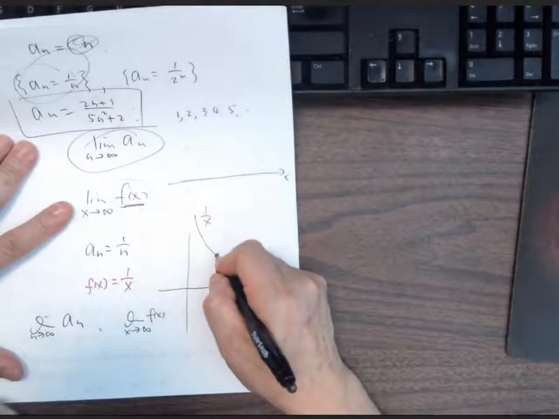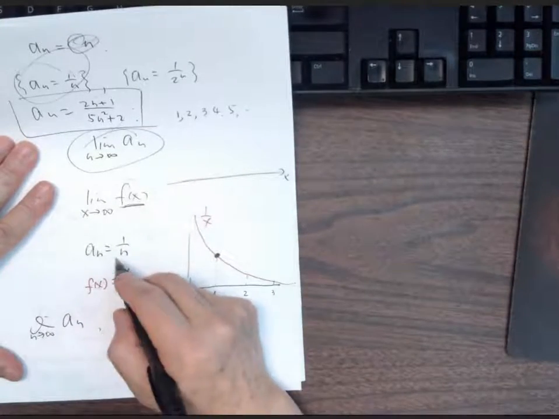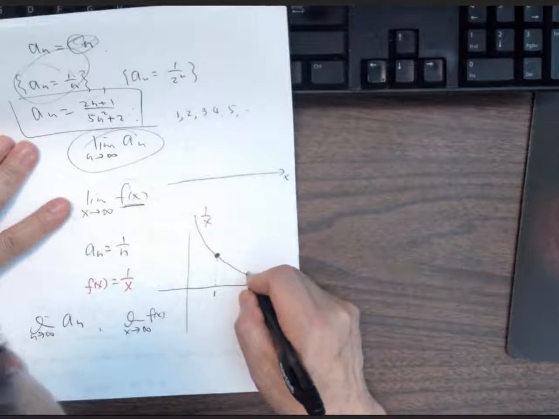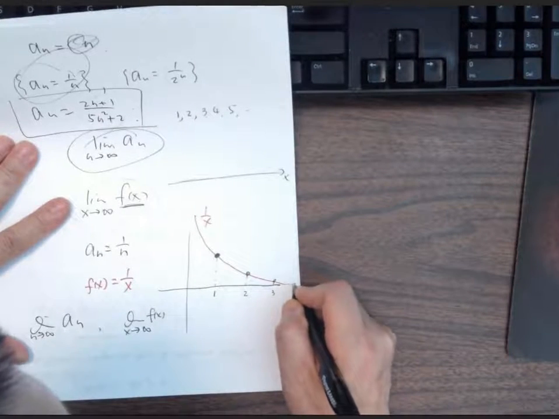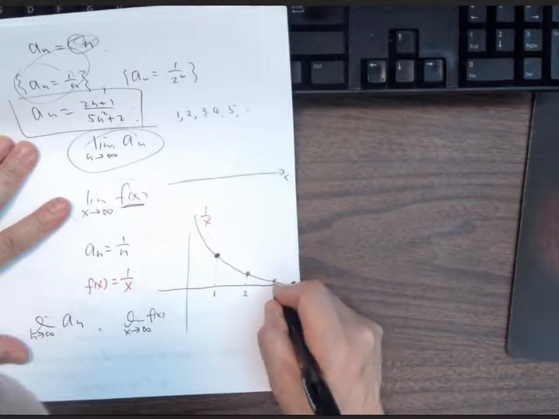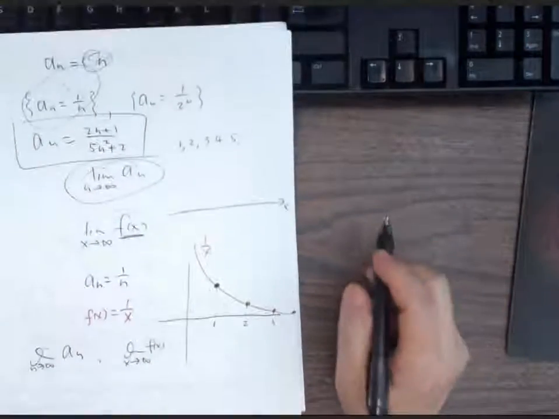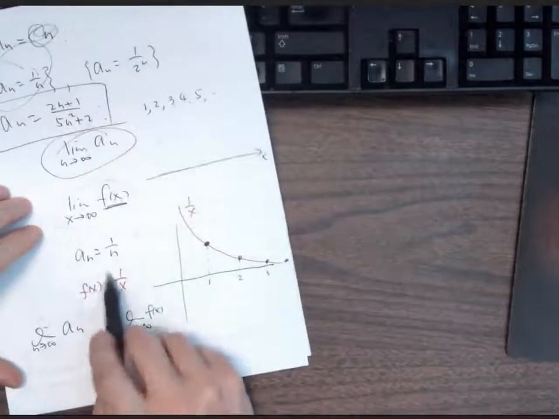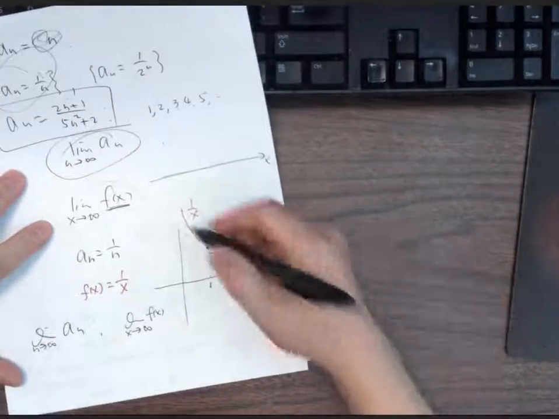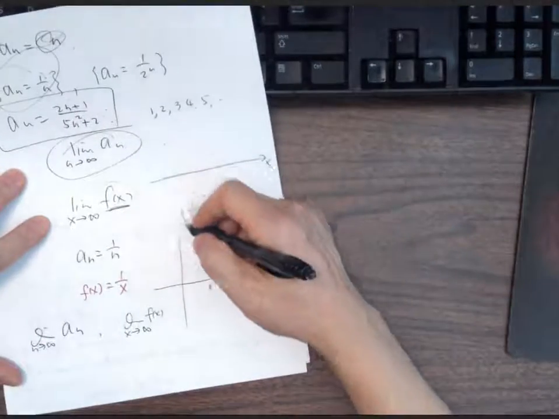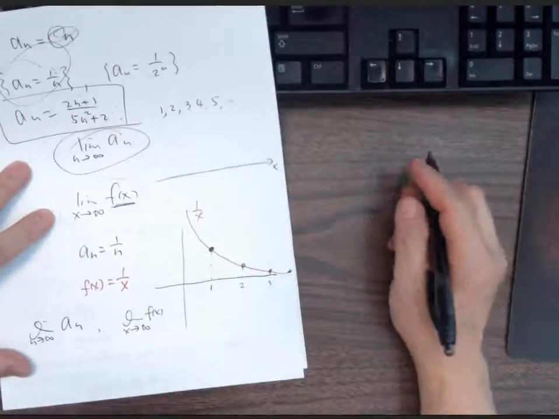So the graph of 1 over n as a function would consist of those dots. The graph of this function, obviously, is the whole entire connected red graph.